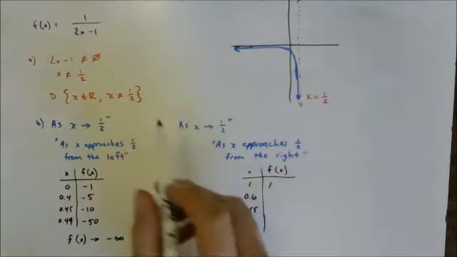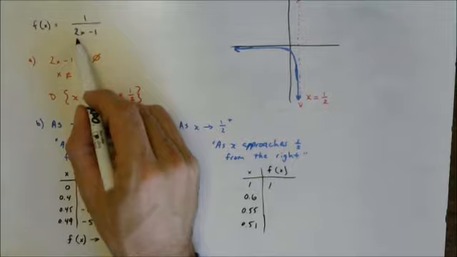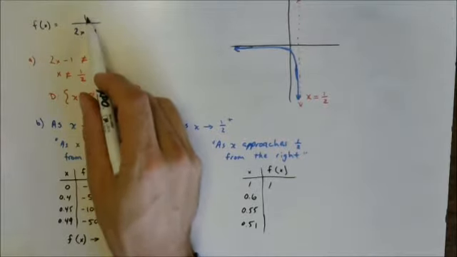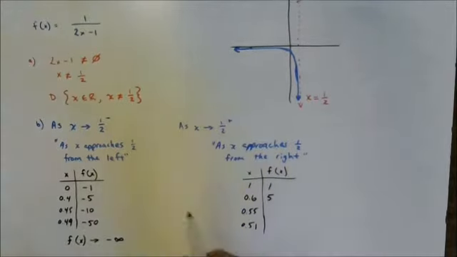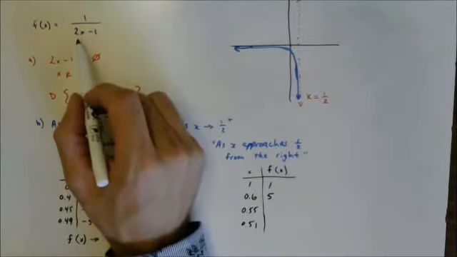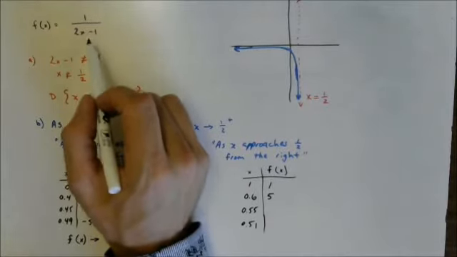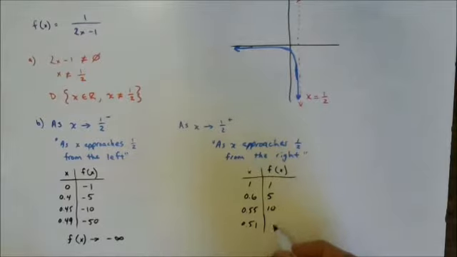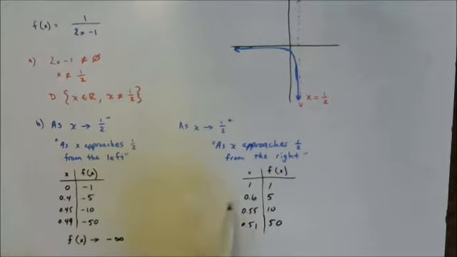When we put 0.6 in here, we get 1.2 minus 1, which is 0.2. 1/0.2 is 5. It's positive. When I put 0.55 in there, we get 1.1 minus 1, which is 0.1. 1/0.1 is 10. It's positive. And you guessed it, the next one is positive 50. Notice how the same numbers apply if you go the same distance away from the asymptote on your x values.